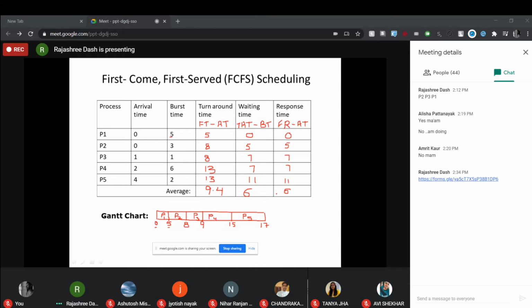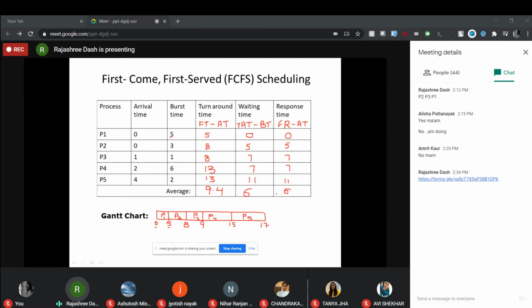If the bigger processes enter first and then the smaller ones, it will increase your overall turnaround time, waiting time and response time. It will result in lower CPU and device utilization. That is known as the convoy effect.